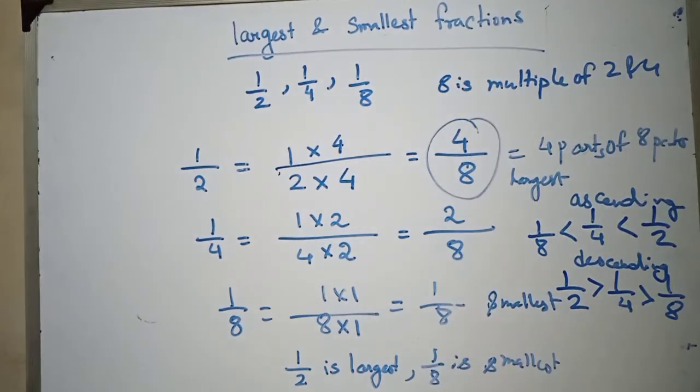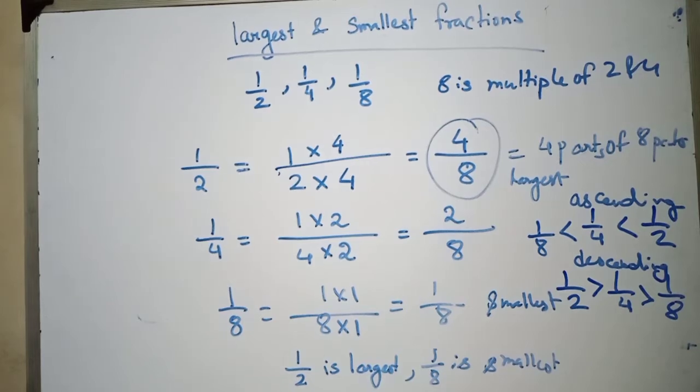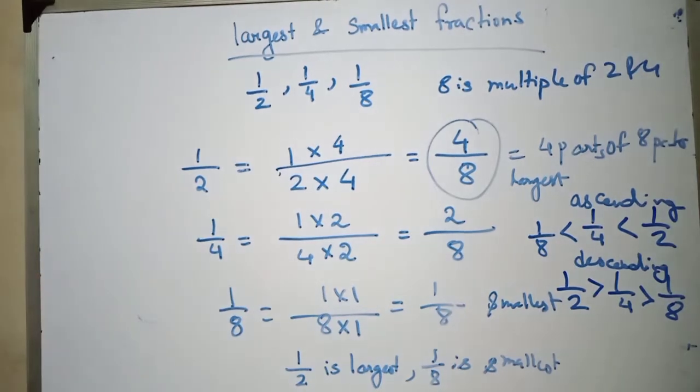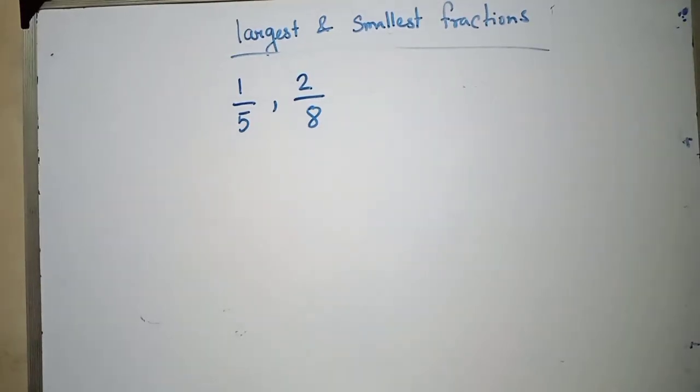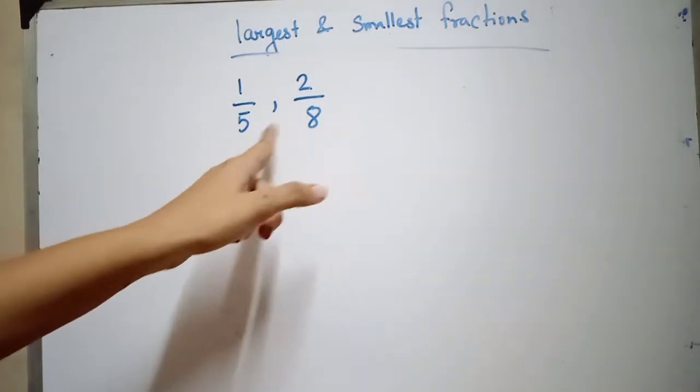But this kind of sum also, we can use the second method. See this sum here, 5 and 8 are in the denominator. They are not multiples of each other, so we cannot multiply some number to get 8 and we cannot multiply some number to get 5.